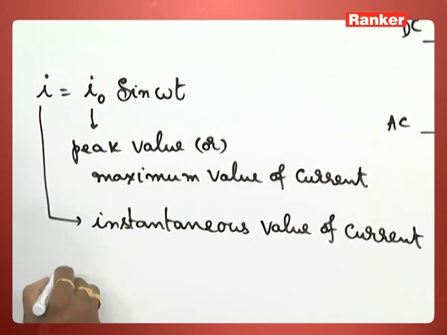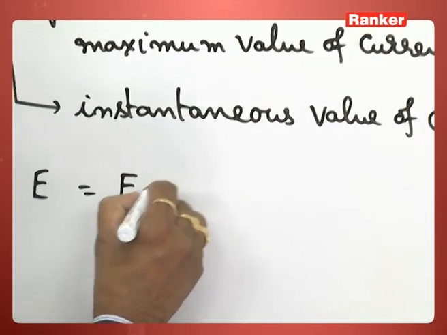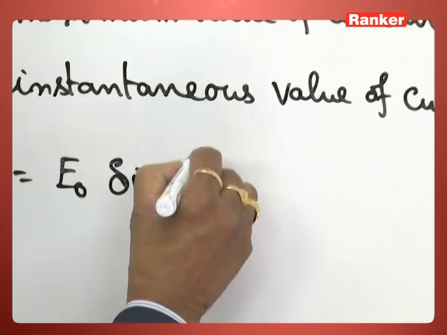Exactly in the same manner, E can be written as E naught sin omega t.